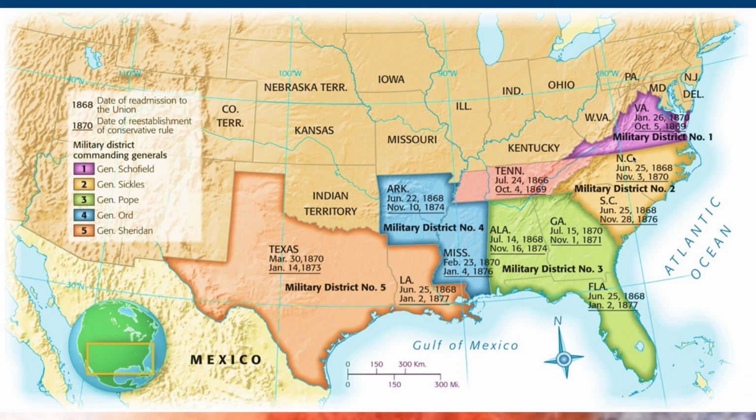In order for them to be restored, they have to write a new state constitution where they essentially pledge allegiance to the U.S. Constitution. They accept that slavery is no more. Furthermore, they are recognizing the passing of the 14th Amendment. And so these are things that they have to do in order to be reinstated. And if they don't do it, those Union troops are going to stay there until they do.